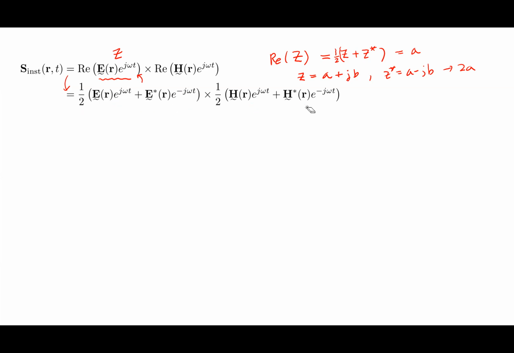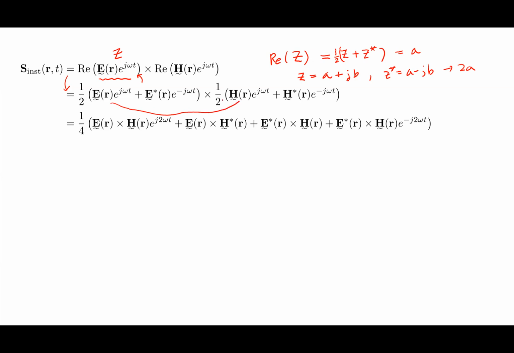And then let's expand the summation of these two terms. Then we get four terms. The cross product between these two terms is going to be E cross H exponential j 2 omega t. Likewise, we have the rest of the terms. It is interesting to observe that the first and fourth have time dependence, exponential j 2 omega t, and also their complex conjugate.